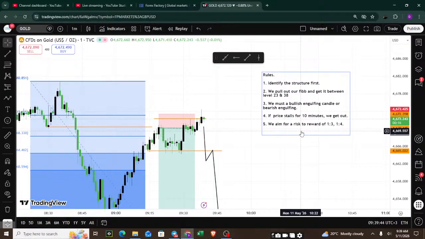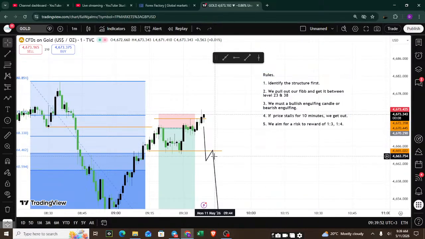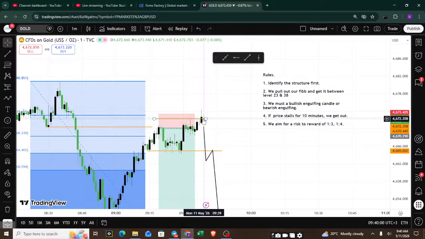So the next course of action, if I am to continue with the same bias, oversell, is to wait for price to break below. Or if price is going to break above, I will begin looking for other entries to the other side, that is to the buy position side.